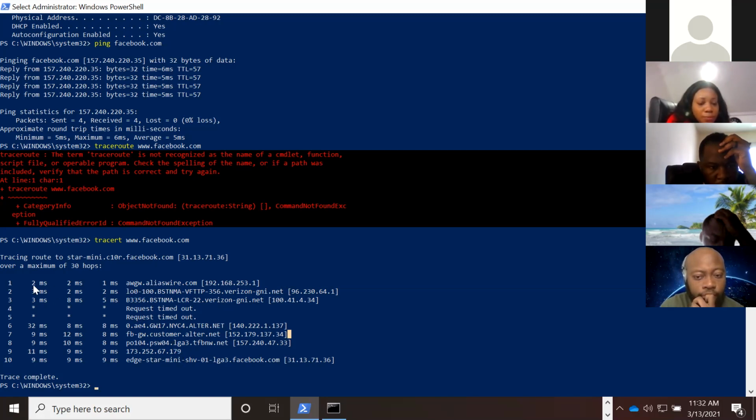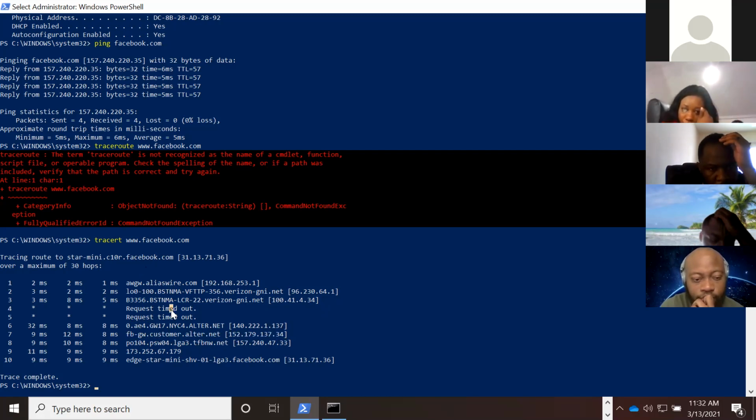So this is showing us that the packets are hopping from my gateway right here to the Verizon router. This is the router that I have in my environment because I know what my IP is. And it is going to another router right here, and after that, we're finding it somewhere in New York, another router in New York. And then it gets to the Facebook gateway right here.